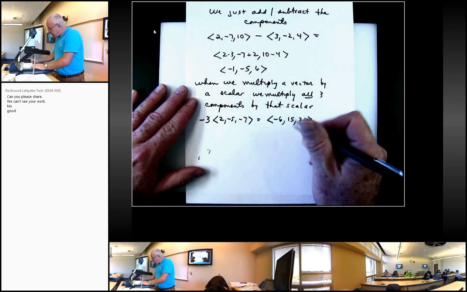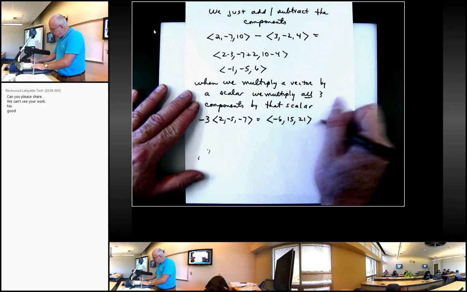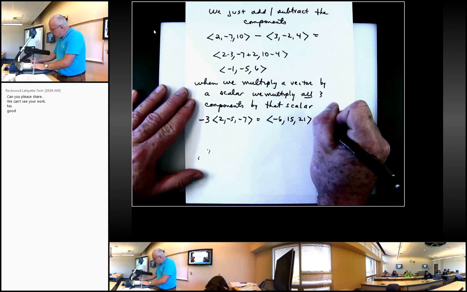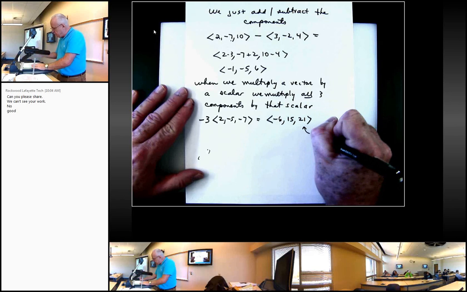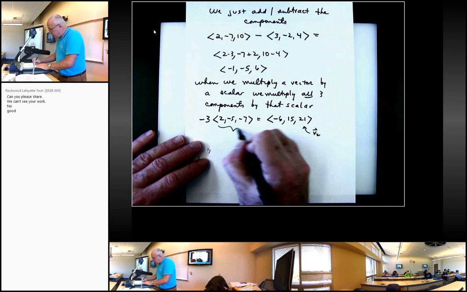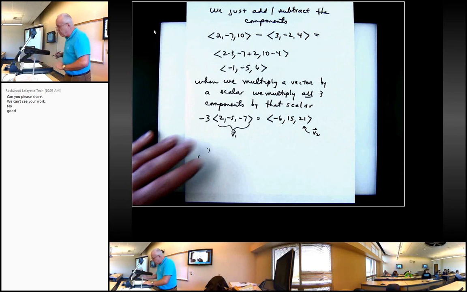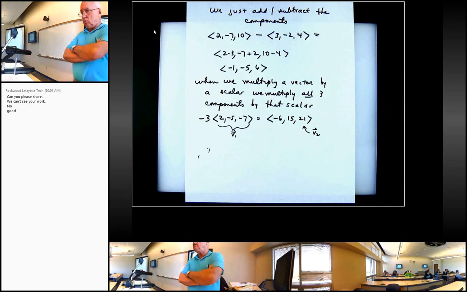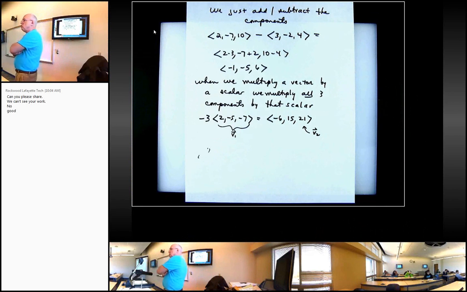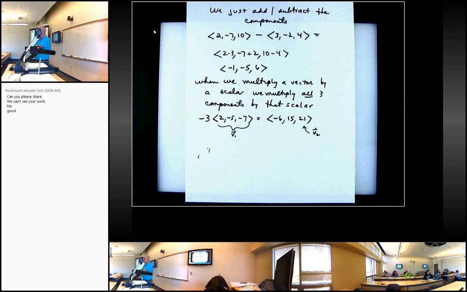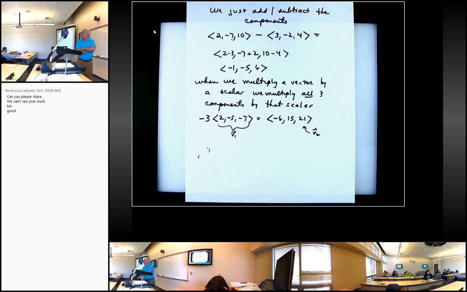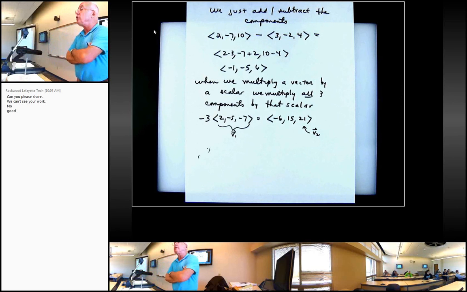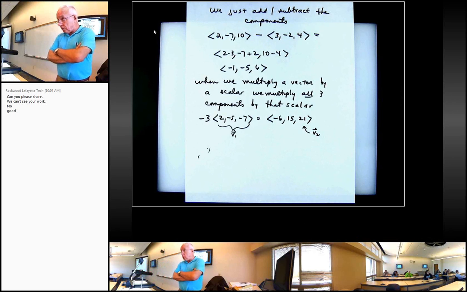What can we say about this vector here? Let's call this vector v sub 2, and let's call our original vector v sub 1. What's one thing we can say about v1 and v2, besides the fact that they're vectors? They're parallel, right. These two vectors are parallel to each other because they're just scalar multiples of each other.